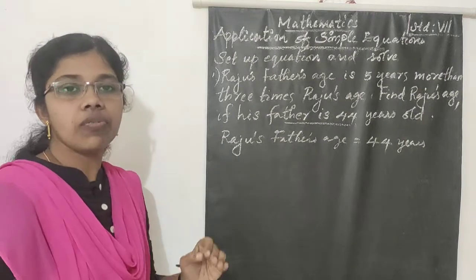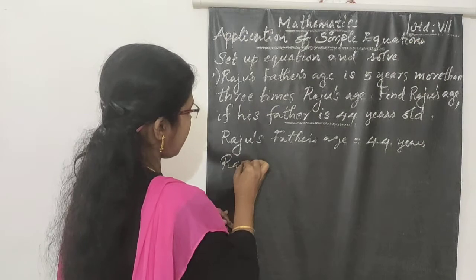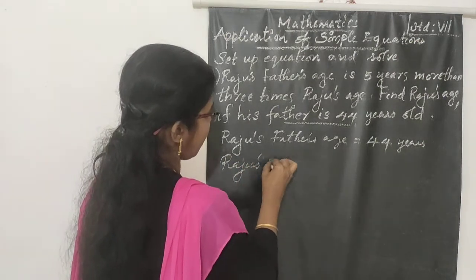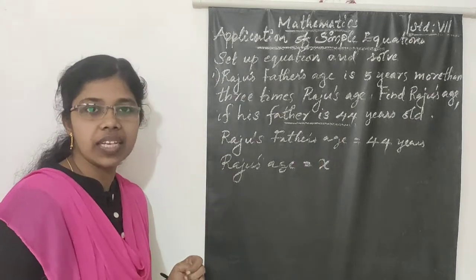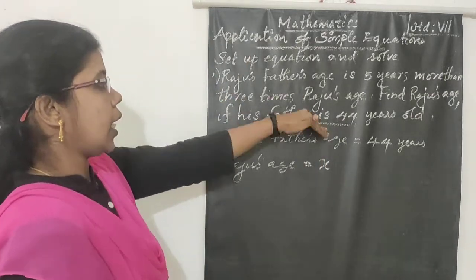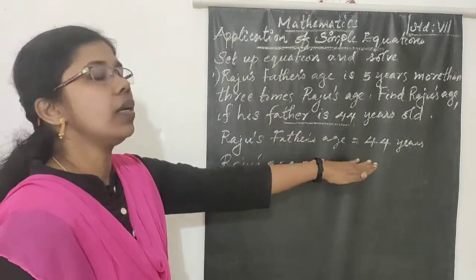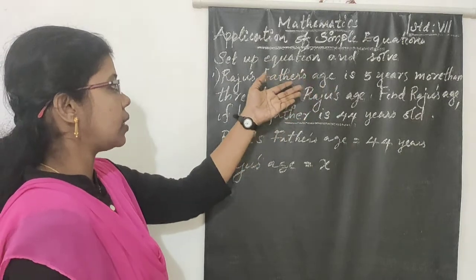Now we have to find Raju's age. Assume Raju's age equal to one unknown number, that is one unknown variable, we take as x. Here Raju's father's age is given. Then also one condition is given. What is the condition?